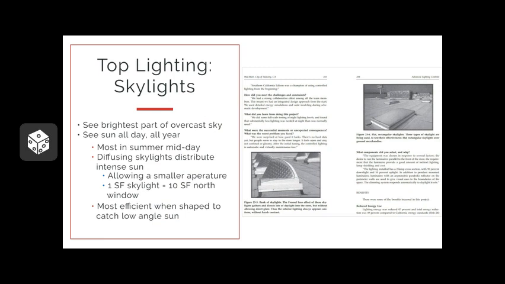This was a project we did for Walmart way back, looking at different types of top lighting systems. The one system that looks kind of like a windshield was specially designed to get the daylight and redirect it to the back of the windshield.